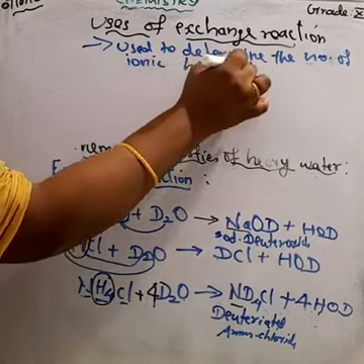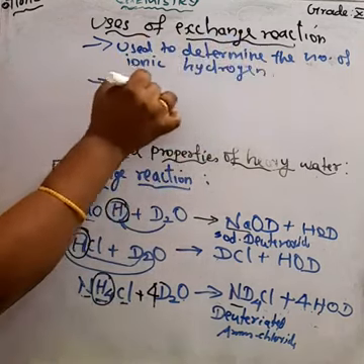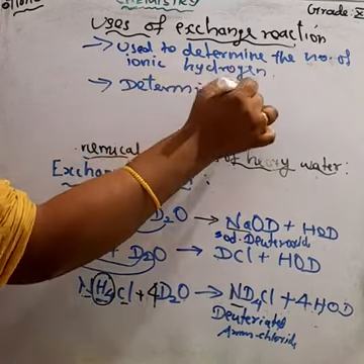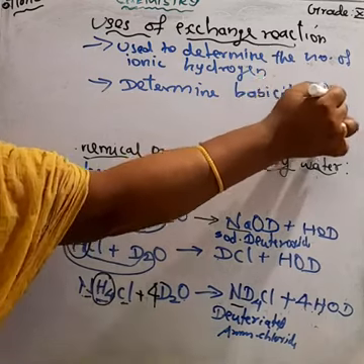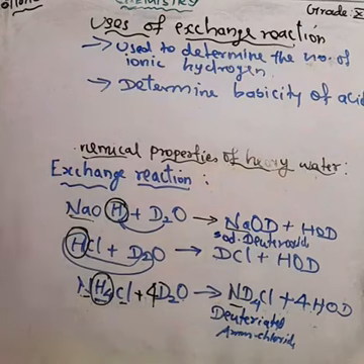Another use, we can determine the basicity of an acid by using the exchange reaction of deuterium oxide. For example, we are taking hypophosphorus acid.